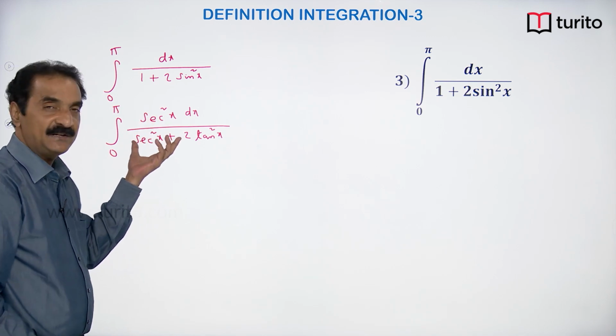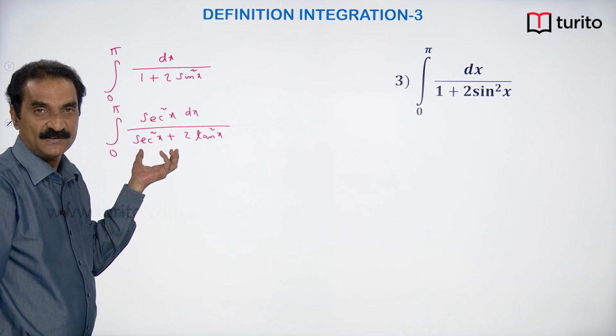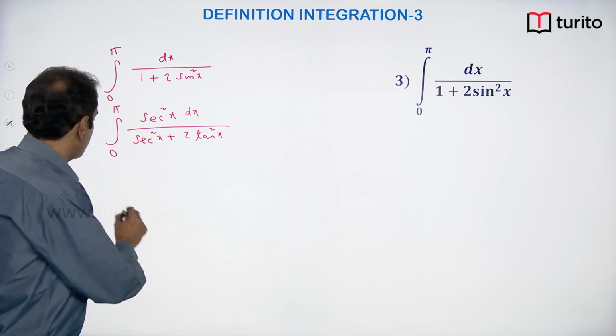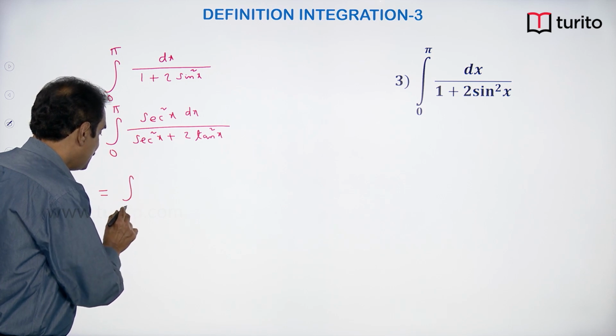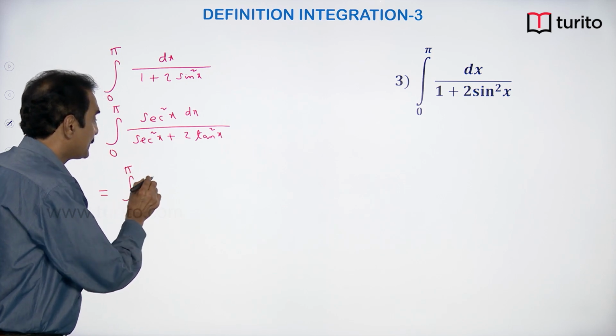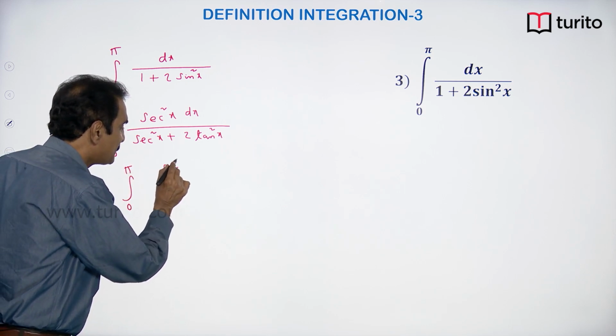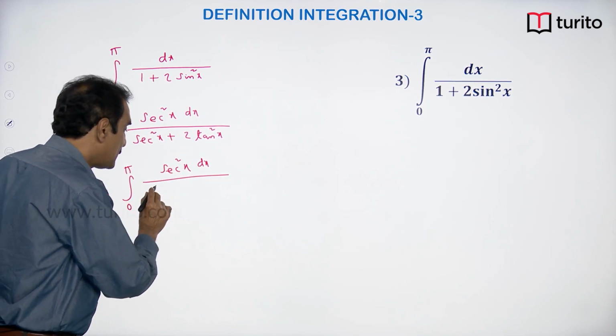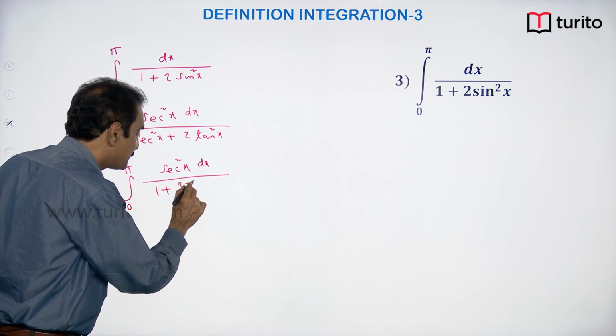So I will write the denominator completely in terms of tan x. You can write secant square x as 1 plus tan square x. So it will be integral 0 to pi secant square x dx by 1 plus 3 tan square x.